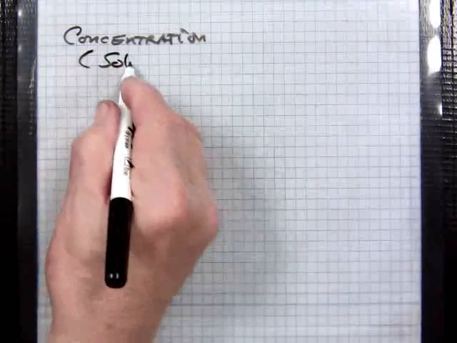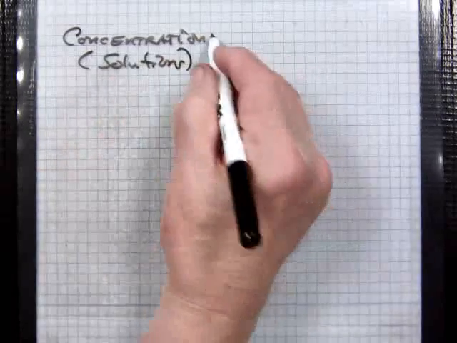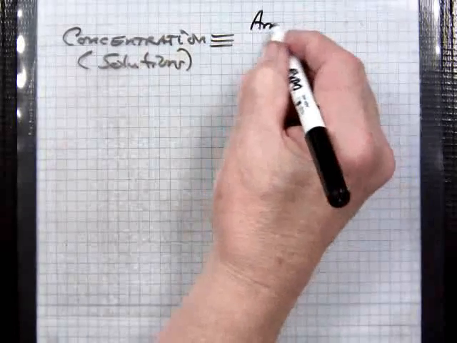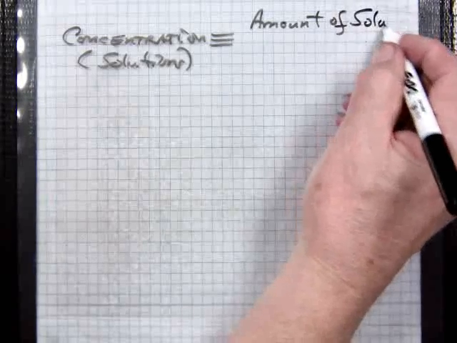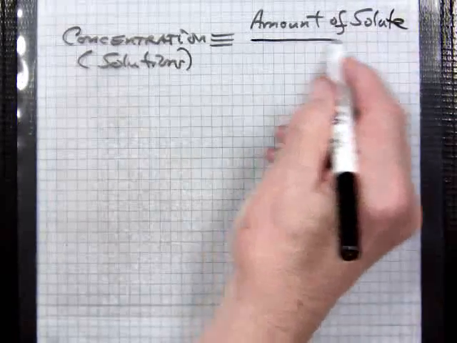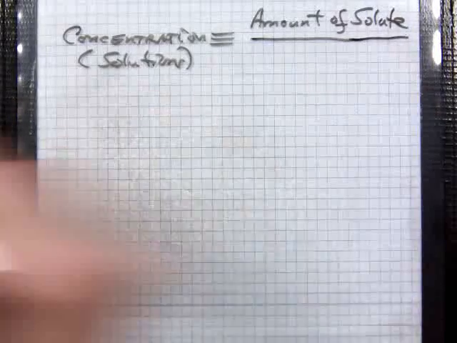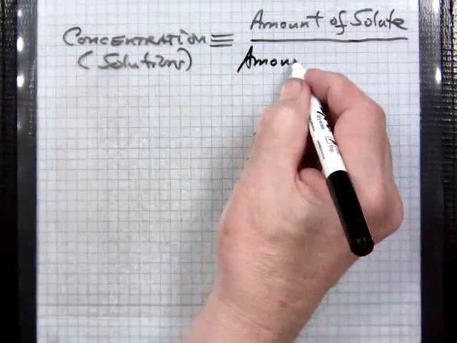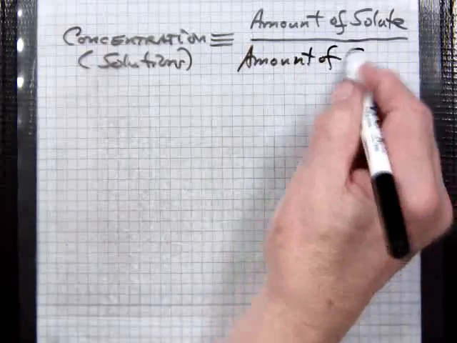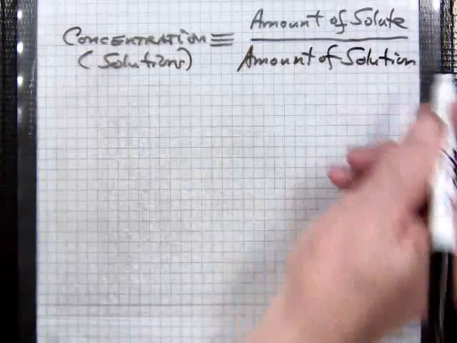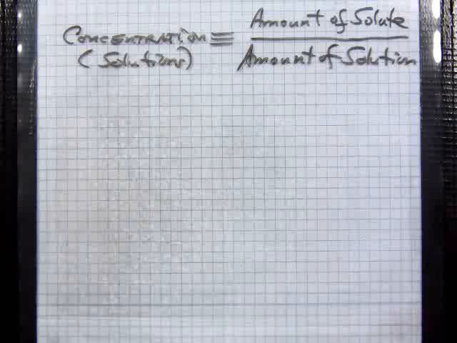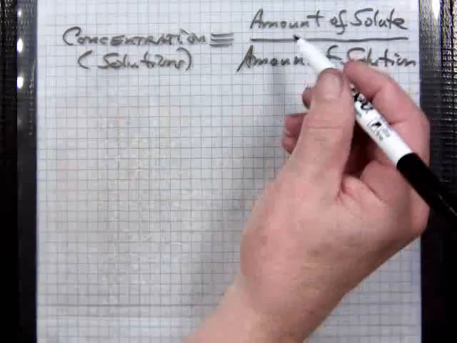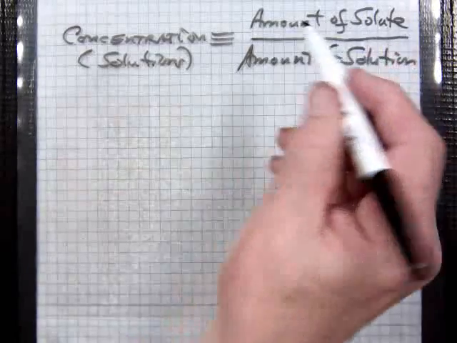For solutions, concentration by definition is an amount of solute divided by an amount of solution. Now, the amount of solution can be expressed in either a mass function or a volume function, but it is an amount in terms of mass per unit volume.